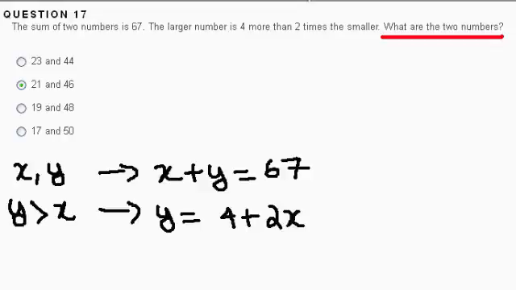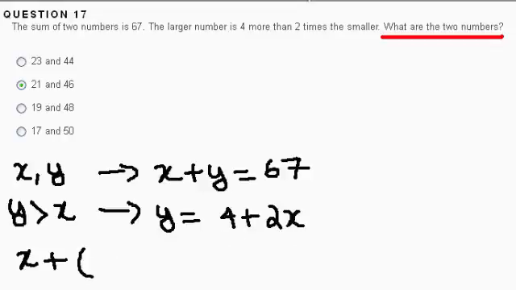So in other words, here we've defined y as being equal to 4 plus 2x, and what we can do is to substitute that equation into this part right here. And that's exactly what I'm going to do. So I'm going to rewrite this equation starting with x plus, and here I'm going to substitute the y with the y equation.